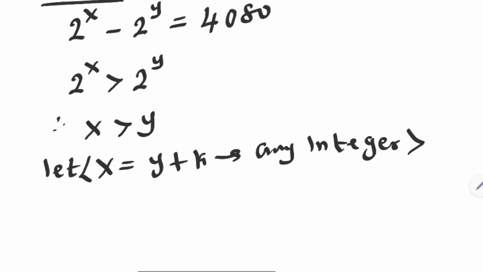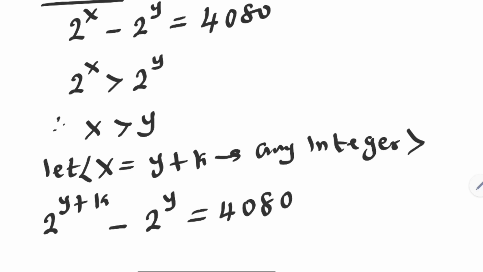Then we have 2 raised to power x can be written as 2 raised to power y plus k, because x is equal to y plus k, and minus 2 raised to power y is equal to 4080.